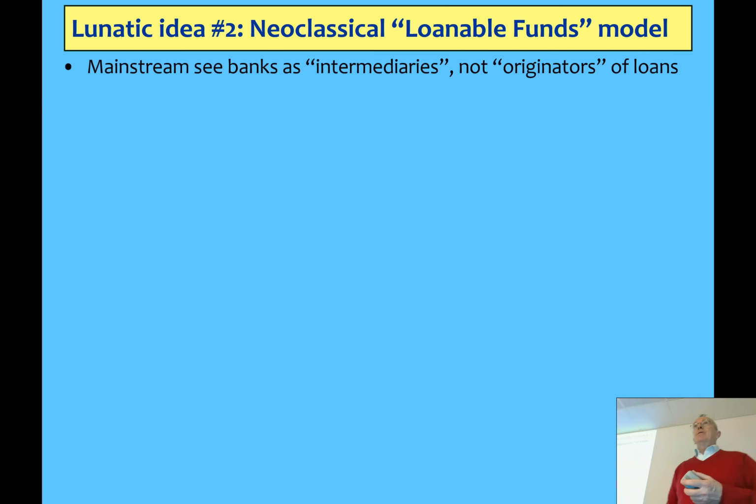Well, let's go through what they argue. The mainstream sees banks as institutions that arrange loans between other agents, not as institutions that originate in the first instance. And this was a relatively recent, stupid direction in the history of economic thought. If you go back prior to the 1940s, you find it was quite common for people to accept that banks create money by lending.